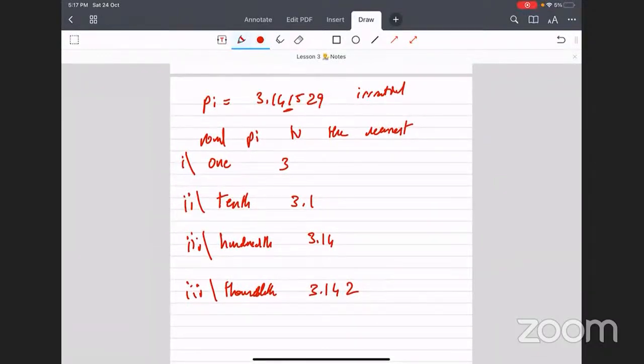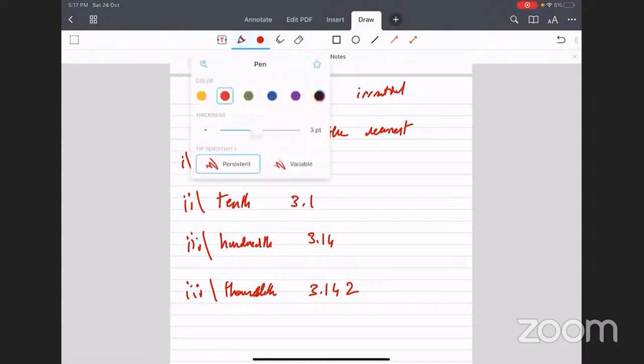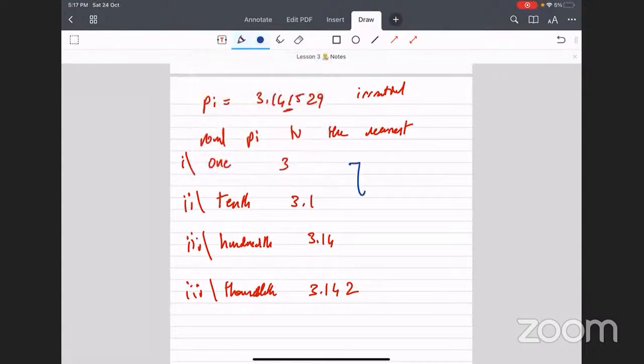So what's the difference between these? What's the difference there? Okay, more accuracy. So actually, we have more.